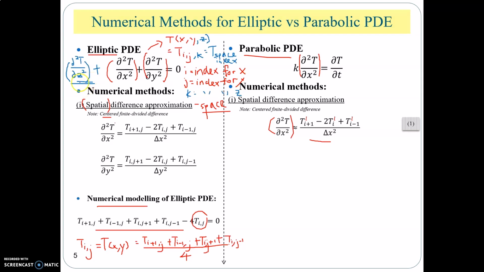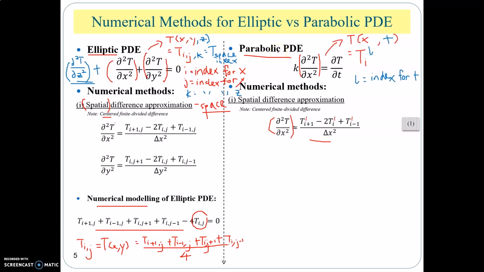If you add an additional term d²T/dz² into this equation, that means you are going to find the temperature at the dimensions x, y, and z. So we should include the index for the z axis as well. Let k be the index for the z axis, and you should find that we write the space index ijk at the subscript here.